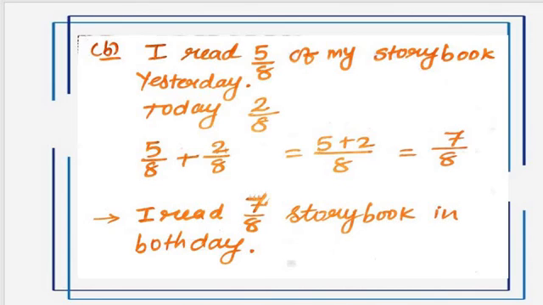So dear students, first of all we write the fractions. I read 5 upon 8 of the book yesterday and 2 upon 8 today. So we write 5 upon 8 yesterday, and 2 upon 8 today. Now we find how many total books I read on both days, together, yesterday and today. So 5 plus 2, how many? 7. 7 upon 8.